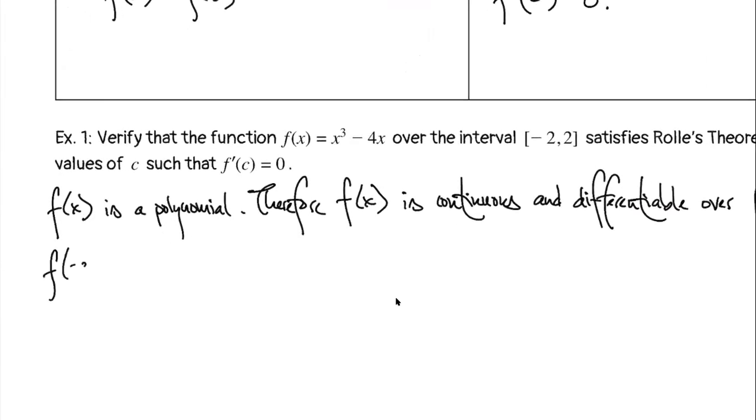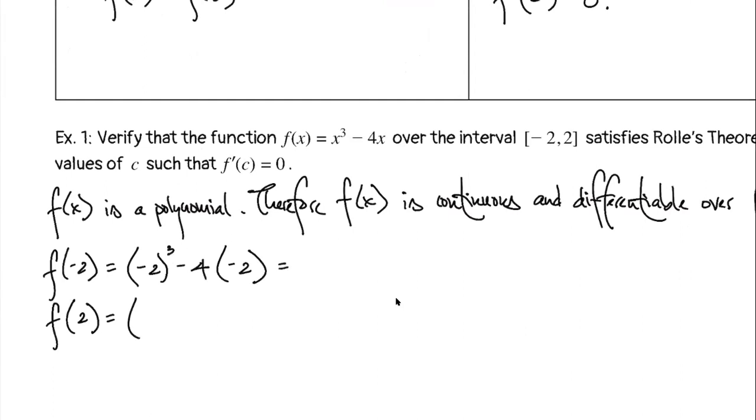We're going to plug in -2 and see what we get. Then we're going to grab our function, plug in +2, and see what we get. All right. So I have -2 cubed minus 4 times -2. And then 2 cubed minus 4 times 2.